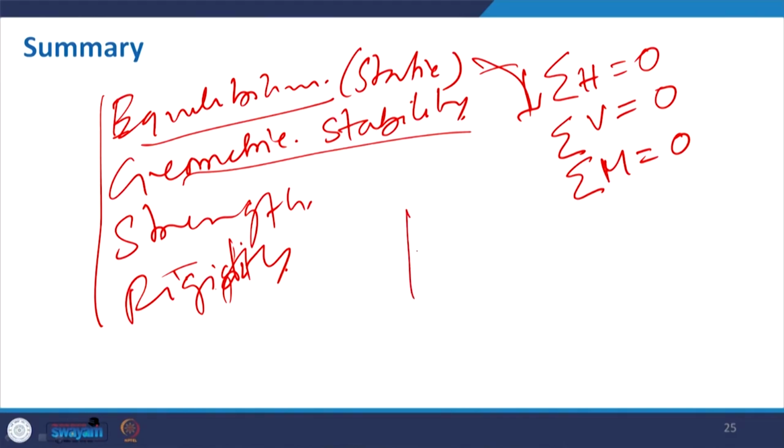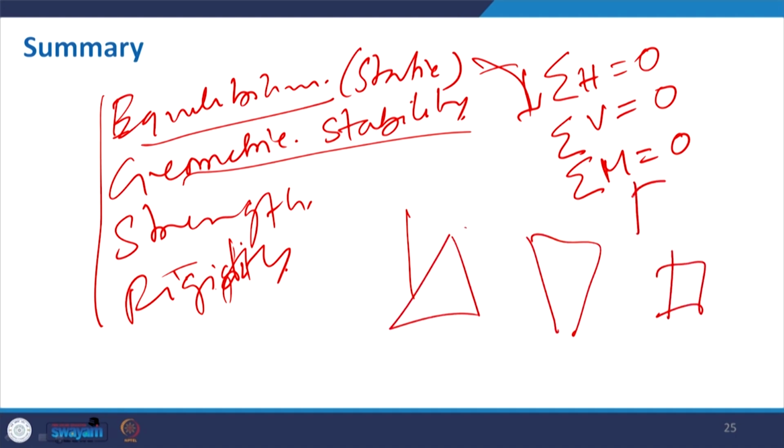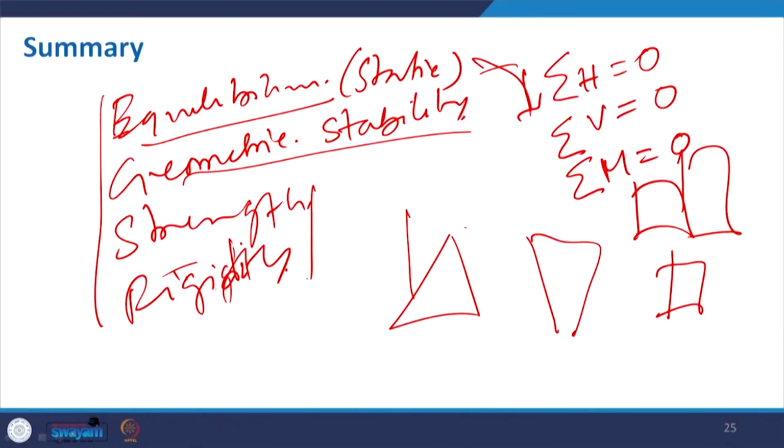And in order to make it stable, we discussed different forms; it may be a pyramid, or an inverted pyramid, it may be a single object, or it may be a composition. Strength and rigidity depend on all possible loads, selection of the material, and different structural arrangements and their performance against the applied load. So, these are the requirements.